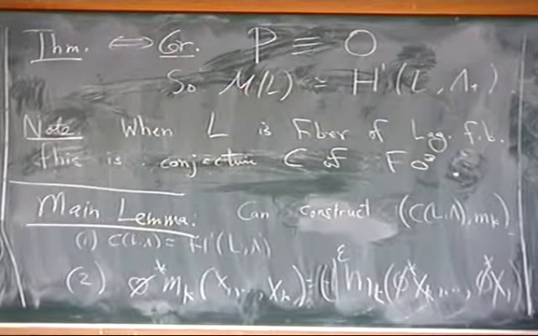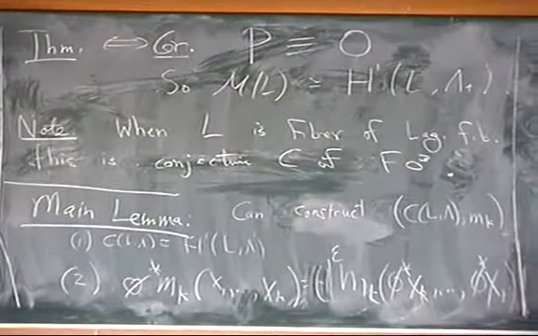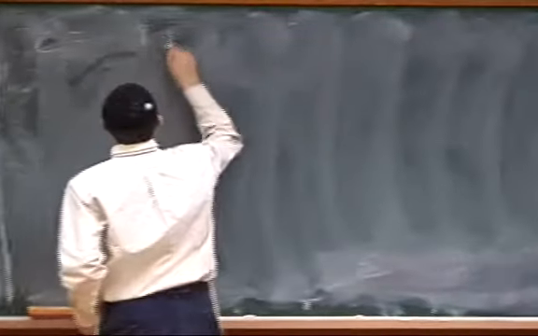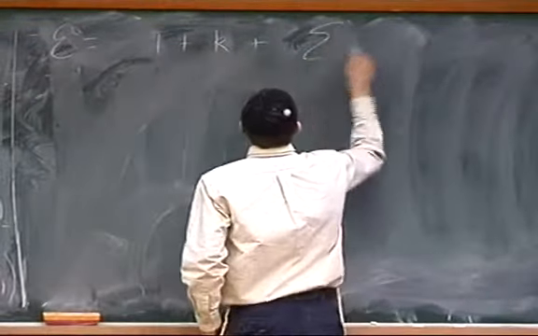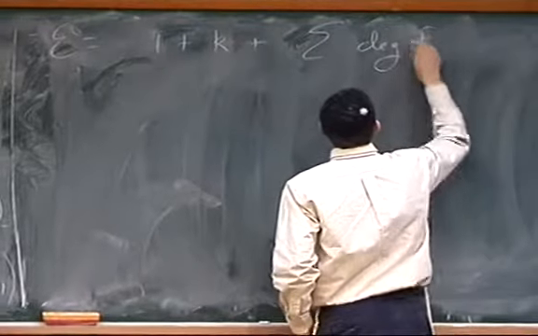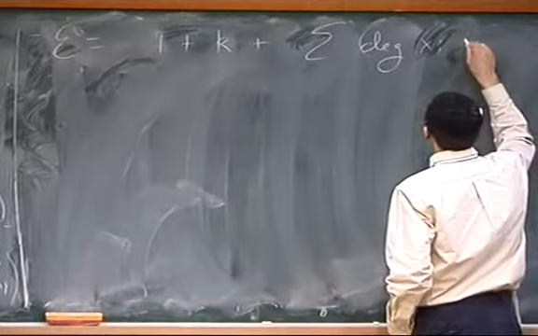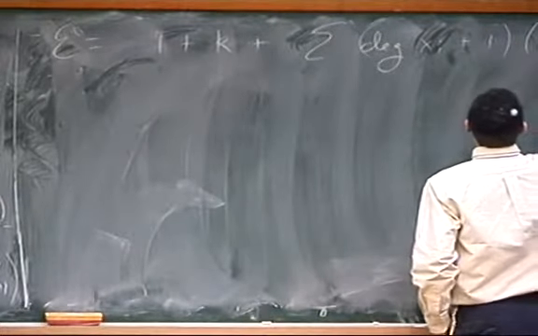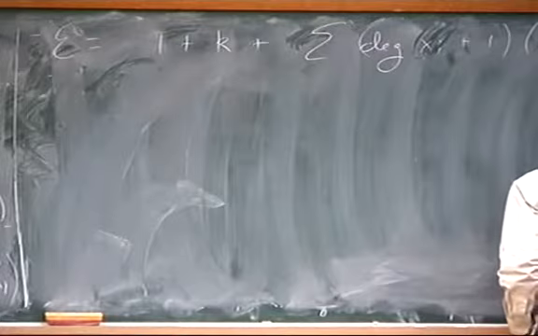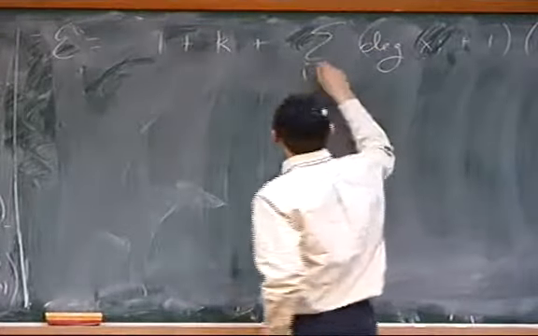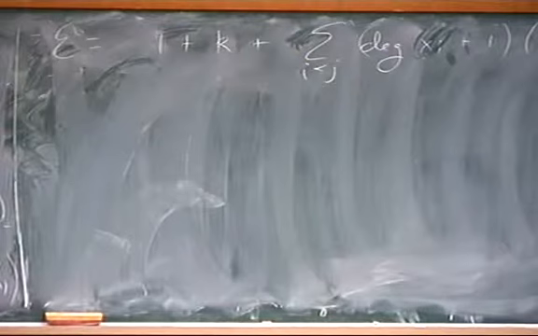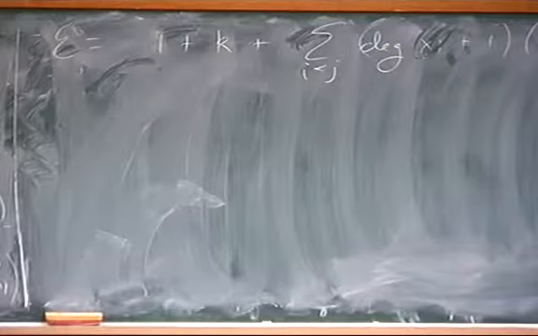I should just mention that this is not just a special case of what Hiroshi wrote, because that formula was on the assumption that phi fixes L. And here L is not fixed.